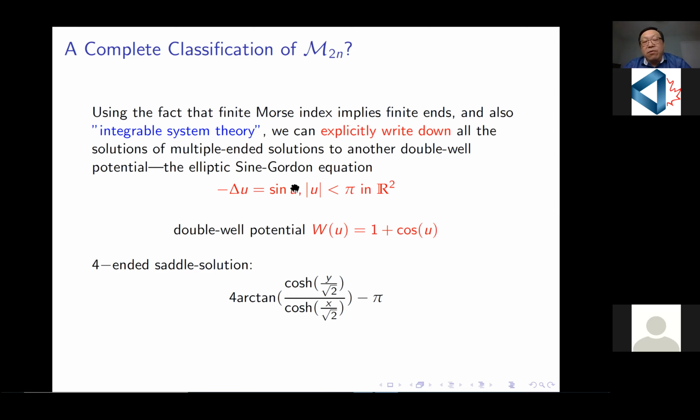So the equation will be like this. This is called the elliptic Sine-Gordon equation. And for this equation, you can write down the 4-ended solutions explicitly.